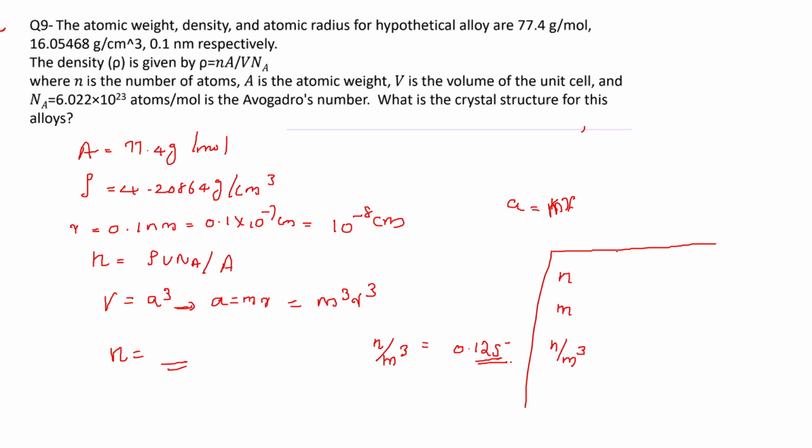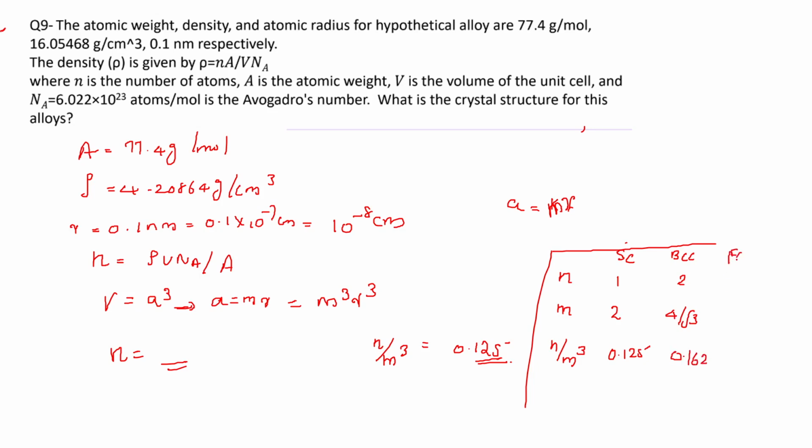In simple cubic the number of atoms is 1, the m value is 2, so it will be 0.125. For BCC it is 2, the m value is 4 over root 3, and it will be 0.162.